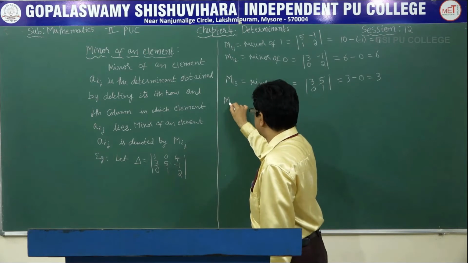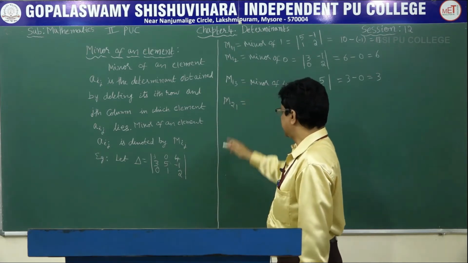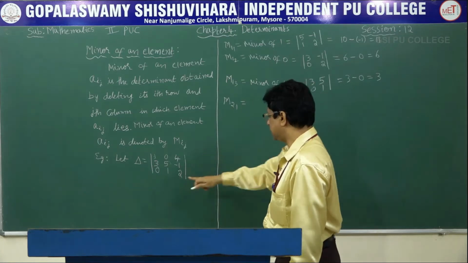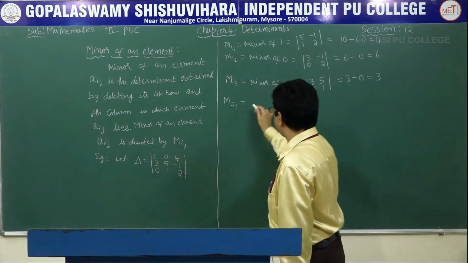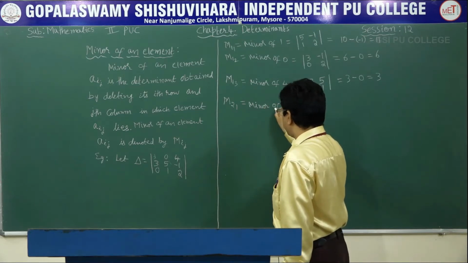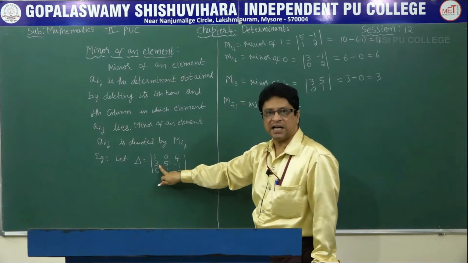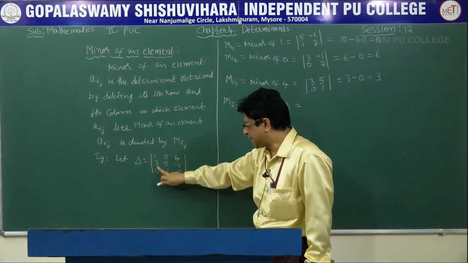Next is M21, that is second row first column, which is 3. So we are finding the minor of 3. Here 3 lies in the second row and first column.